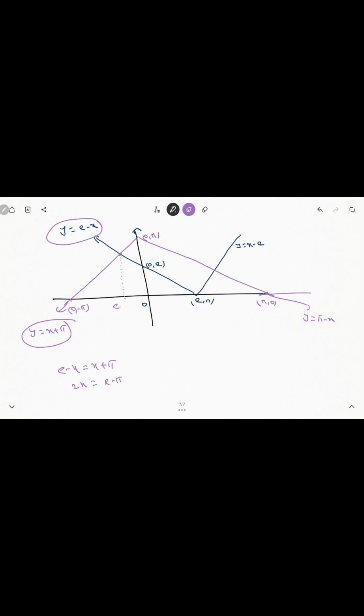So this part is e minus pi by 2 comma 0. Understood or not? How to get it? Solve two rays. y is equal to e minus x and y is equal to x plus pi. Solved there. We got this one. Understood?